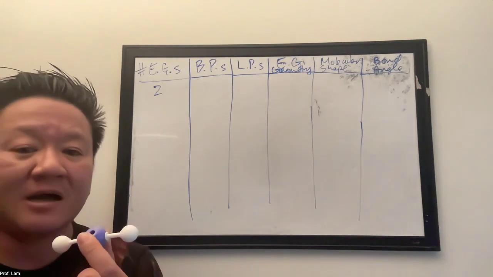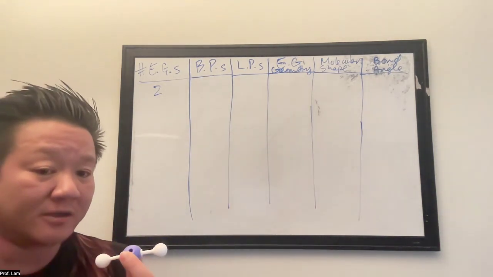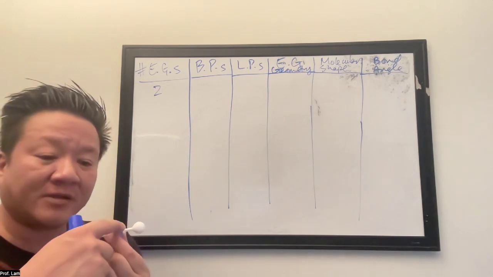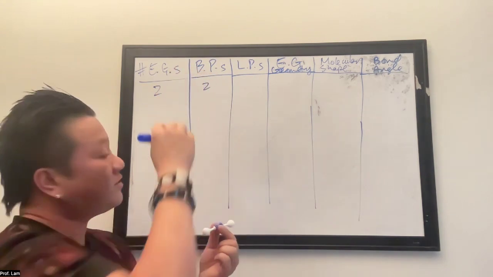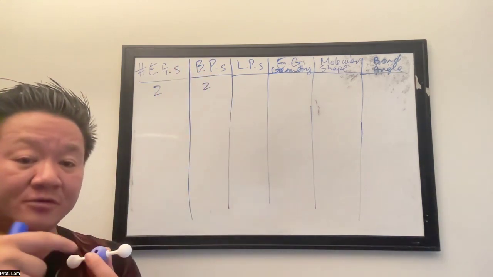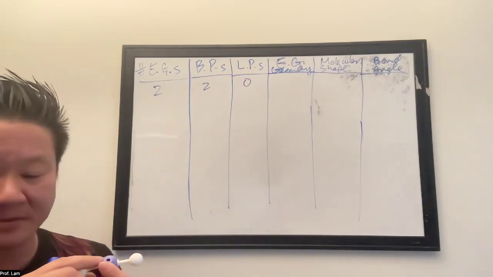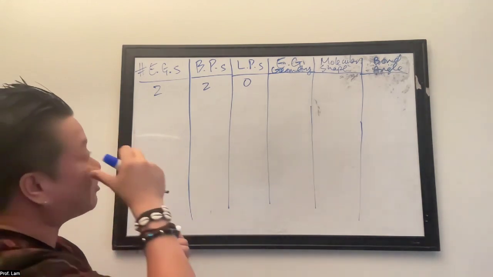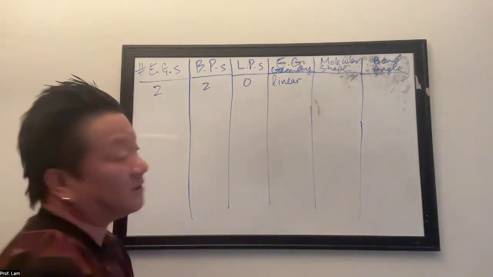Let's fill out this table, and you guys should make a table like this on your own and follow along. If I have two electron groups, and right now I'm showing two bonding pairs, that's what BP stands for. Here's one, here's two. Two bonds, and I have no lone pairs. What is my electron group geometry? It's going to be linear.